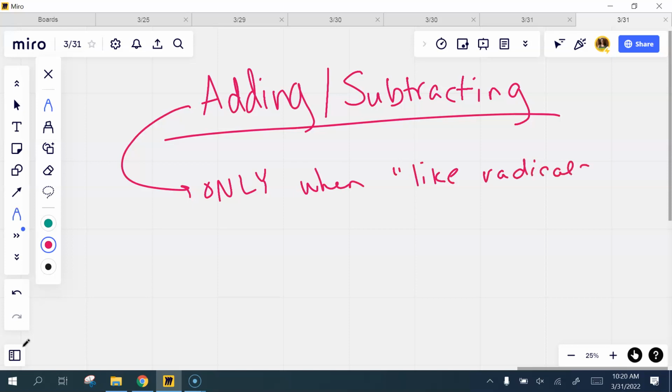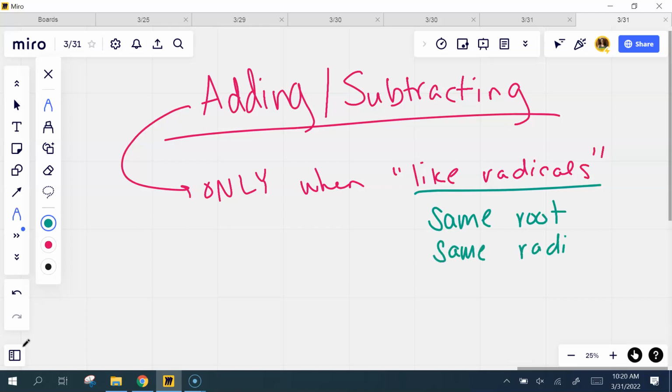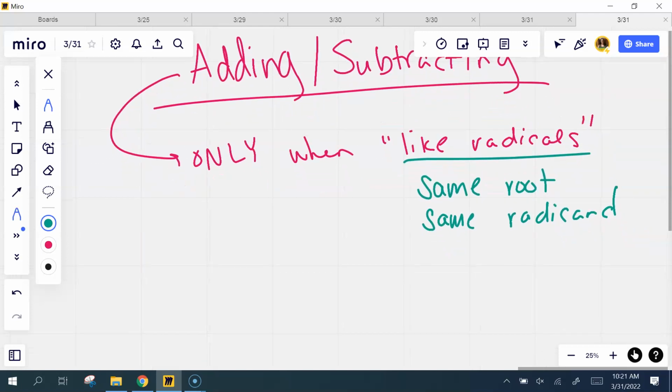So here's what like radicals mean. Like radicals mean it's the same root and the same radicand. So if it's the same root and the same radicand, what could be different? The coefficient. That's exactly right, the coefficient.